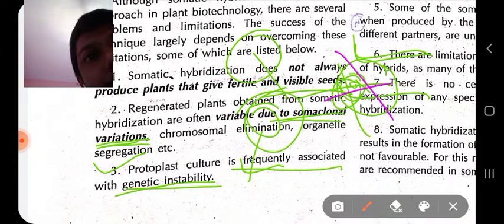So that's a problem. We want to introduce a new trait to the plant by fusion of the protoplast. That's why we form cytoplasmic hybrids, because the traits derived from cytoplasmic genes, or extrachromosomal genes, will be retained in the cytoplasm.